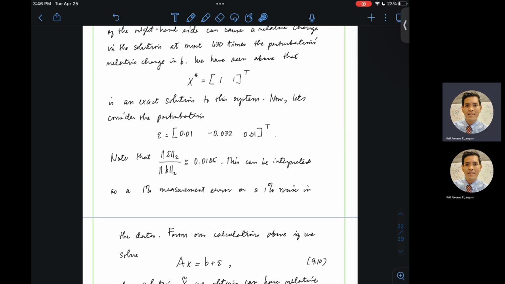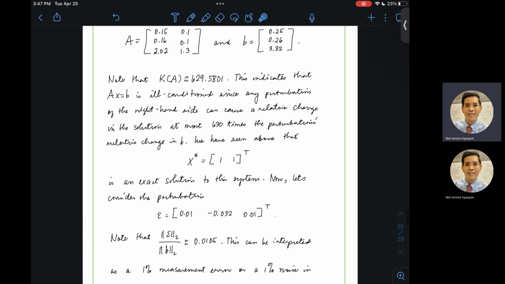So if you're thinking about a stable system, that 1% change in the right-hand side should just cause a relative difference between the actual solution and the noisy solution of about, say, also 1%, or the same order as 1%. So between 0% to say 10%, you can roughly say that that's a stable system.